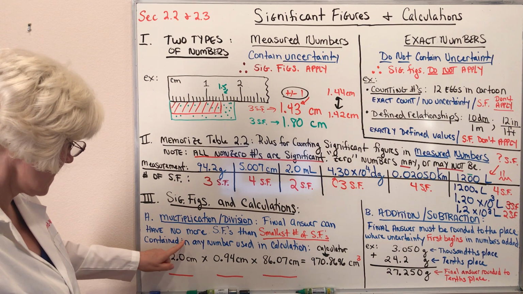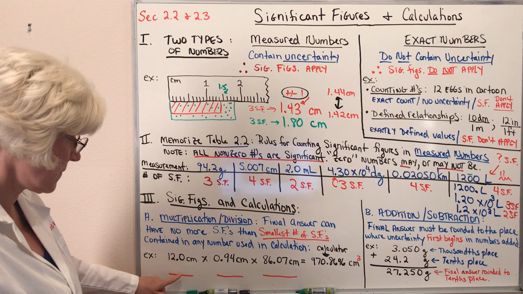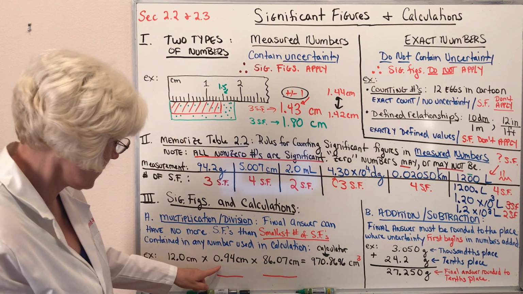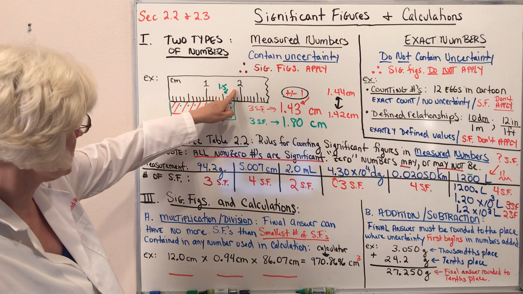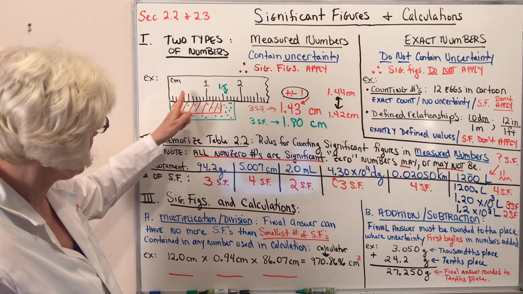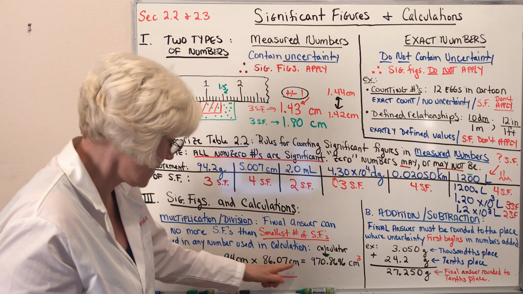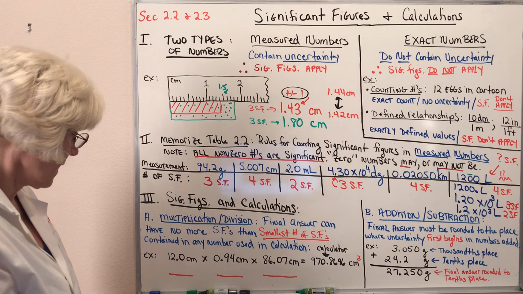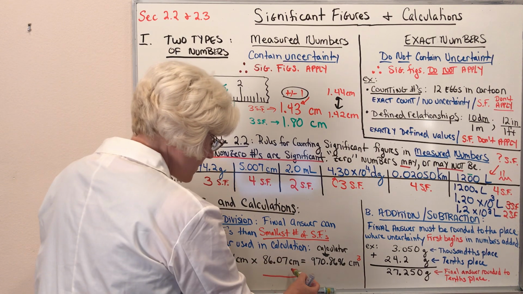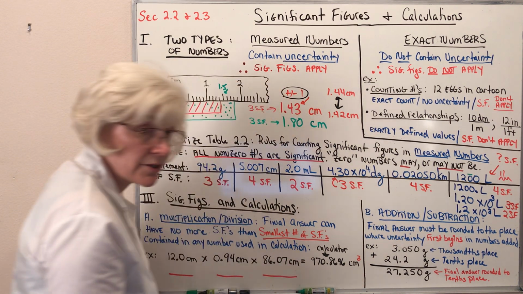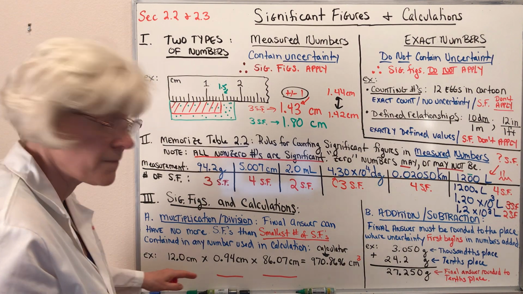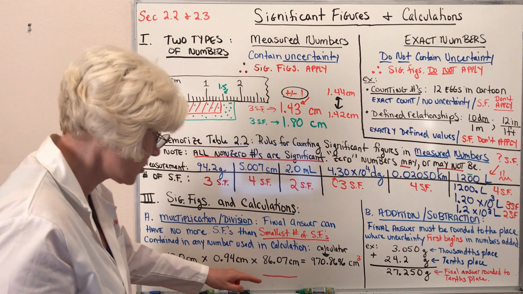This first reading has uncertainty in the tenths place, but these last two readings correlate with the sort of instrument that we used in our first example and have uncertainty in the hundredth of a centimeter place. All right, so I do this calculation. My calculator is showing this answer, and you can pause and double check.